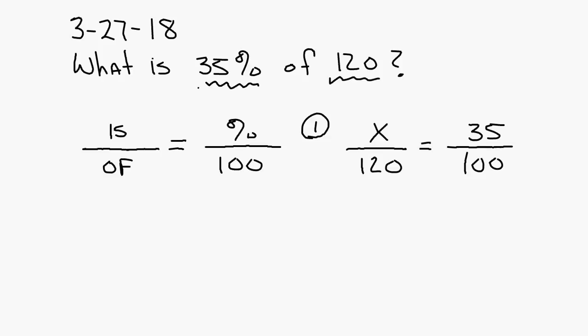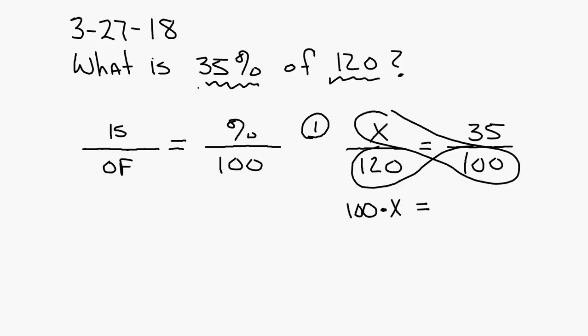So multiply your variable first. So you're multiplying these two, and you've got 100 times x. And it's going to be equal to, then you're crisscrossing the other direction, and you've got 120 times 35.